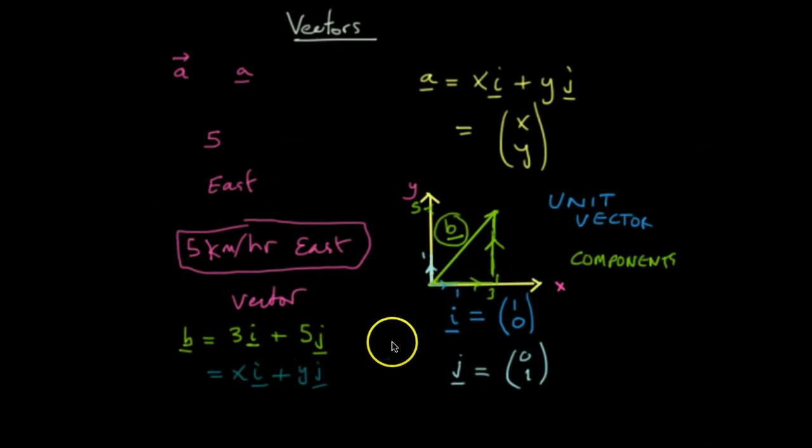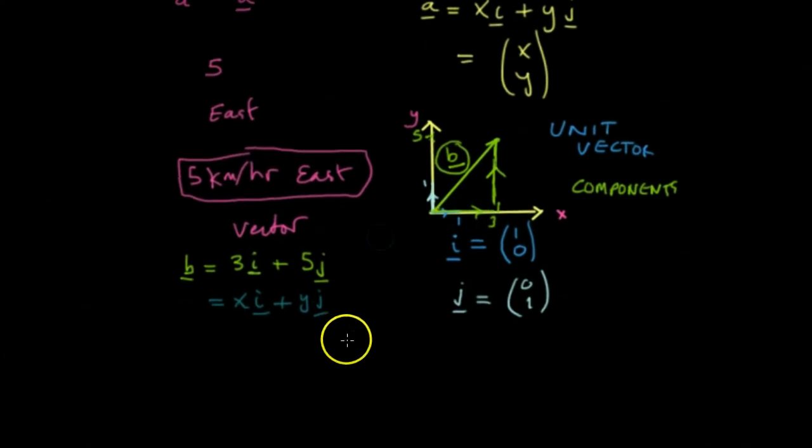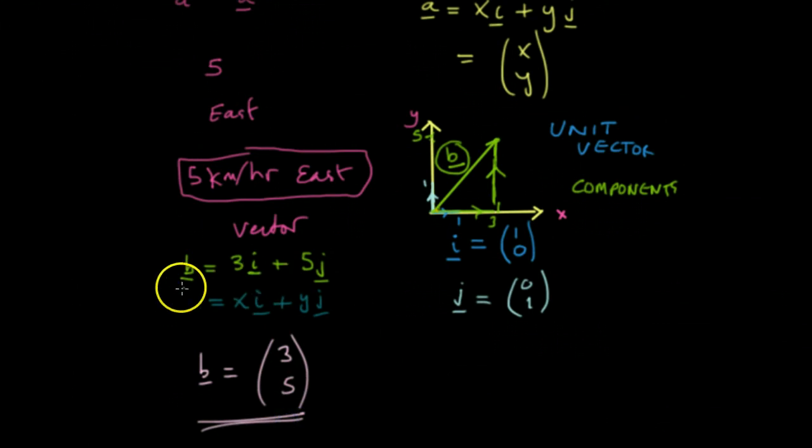But I also said, hopefully you can remember in the other video, that there was a quicker way of writing it, which is this column vector over here. If I want to say all of that for B, I can just say that B is the vector whose x direction, or i direction, has a magnitude of 3, and whose j direction has a magnitude of 5. So this represents the same thing as that, just 2 different ways of writing it.